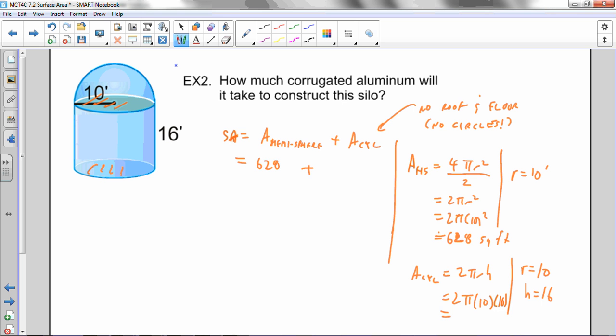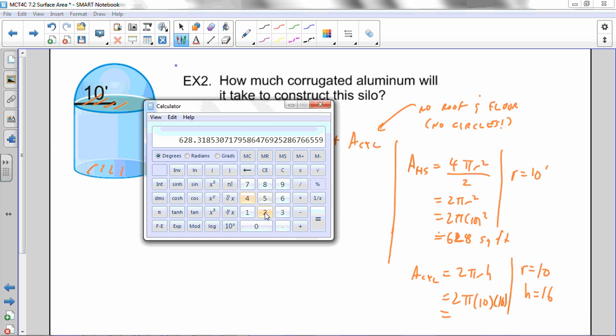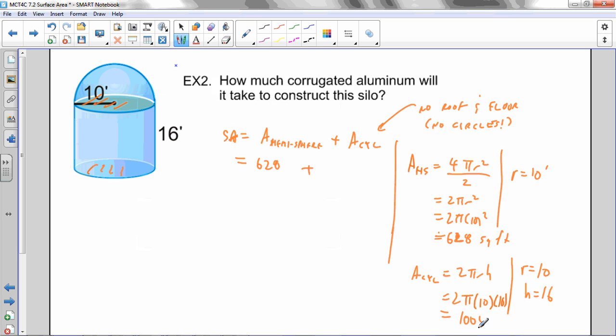Of course, I didn't do that in my calculator. Darn. Here we go. 2 times pi times 10 times 16, about 1,005. Add those together, and it looks like about 1,633 square feet.